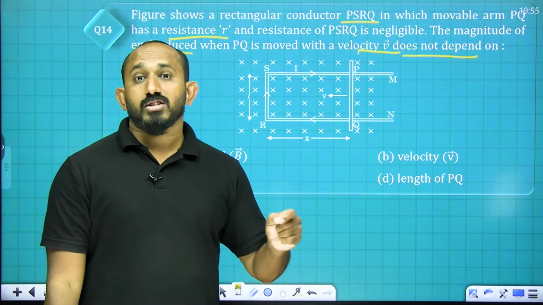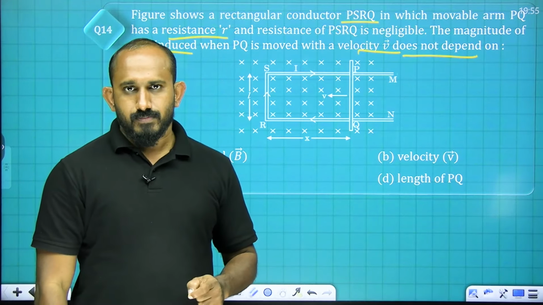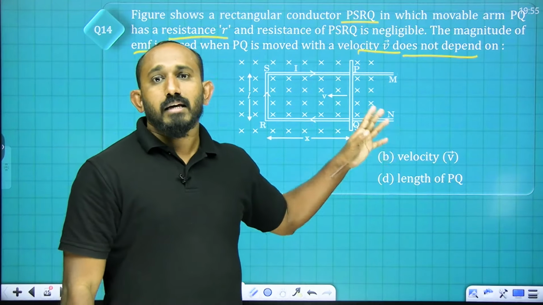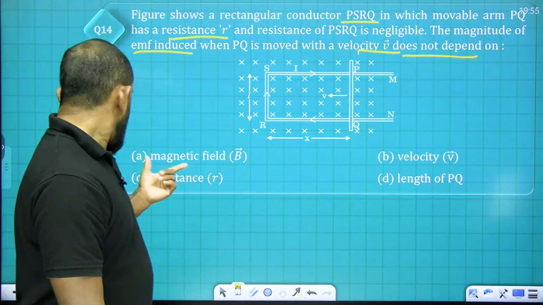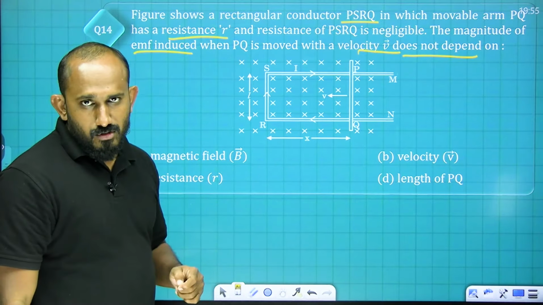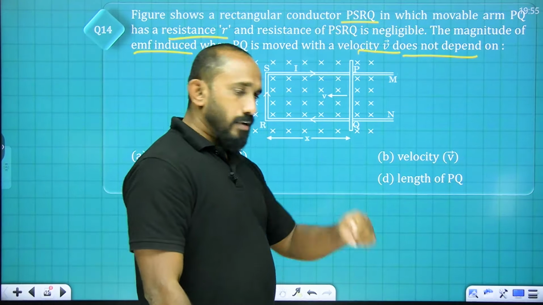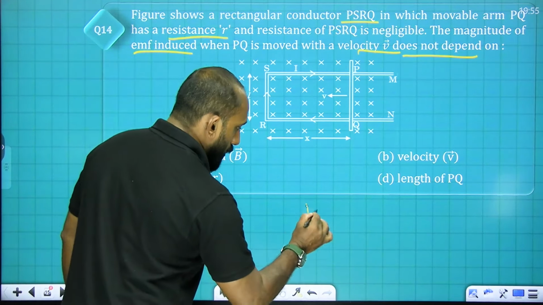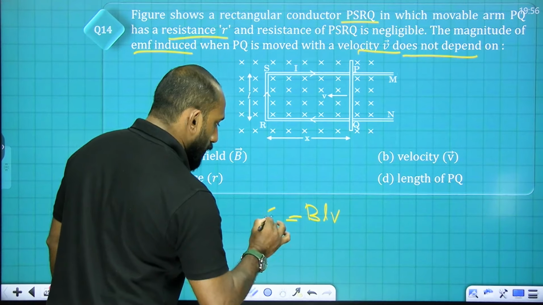So it's a motional EMF. One concept you have: BLV. You know the equation? So the motional EMF does not depend upon the magnetic field B, of course it depends. Velocity V, it depends. Resistance R and length. So BLV is the EMF induced.